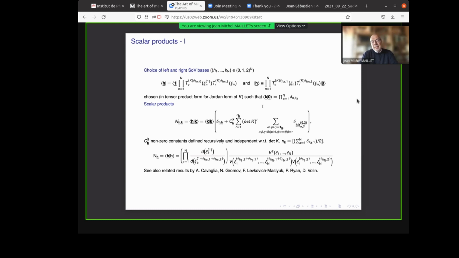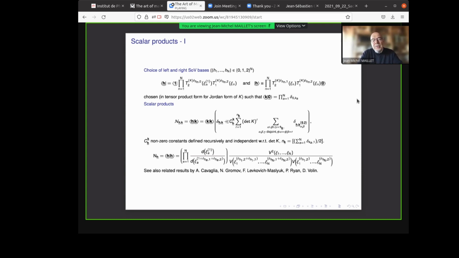And then you can start computing scalar products. We did that with Giuliano Nicoli and Louis Vignoli, and we found quite a formula. The matrix of scalar products starts very well with some normalization given below, some Kronecker delta, so this is very nice, orthogonality like in GL2.